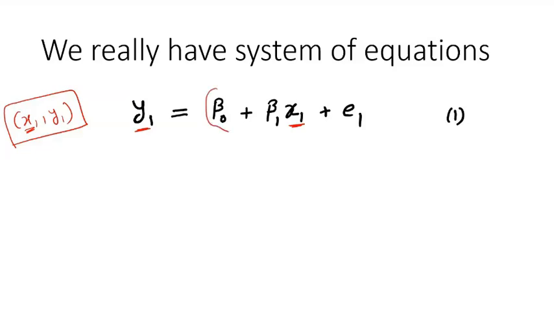But this portion is the estimation, because I am doing this: y cap, the estimated value of y, is equal to beta 0 plus beta 1 x1. So this is my model. This is my regression model.